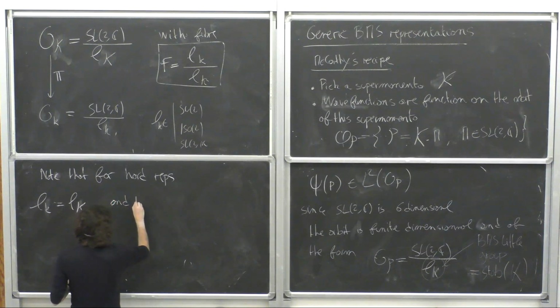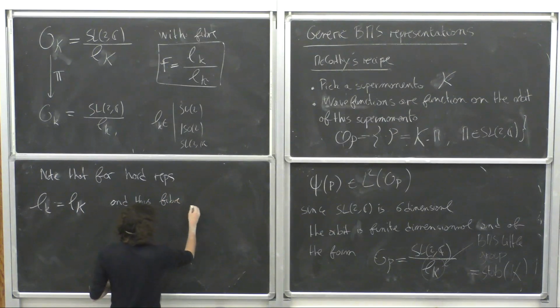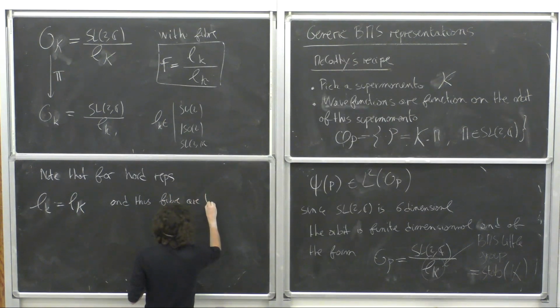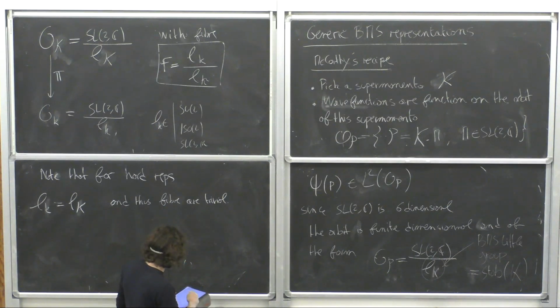The fibers are trivial, and we recover the usual mass shell. But in general, you are going to have extra degrees of freedom, which tells you that the representation is more complicated.